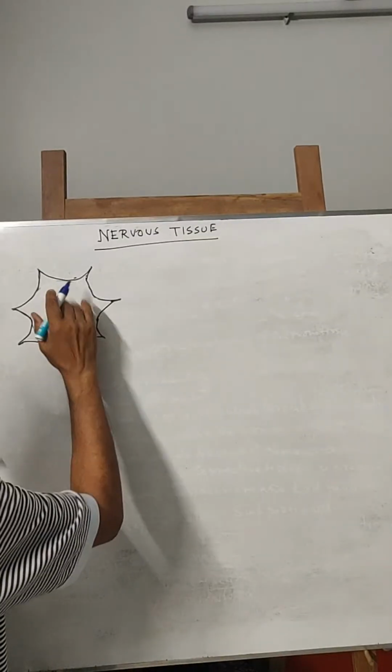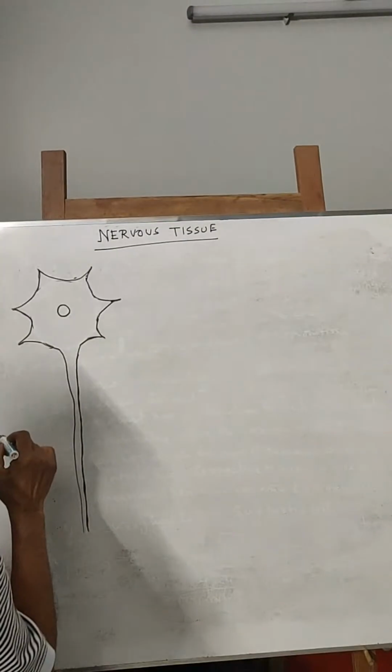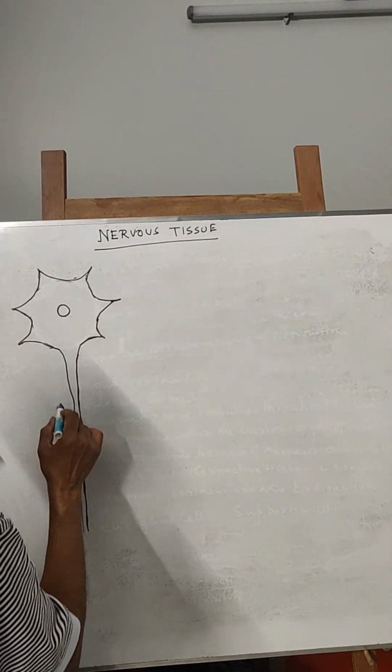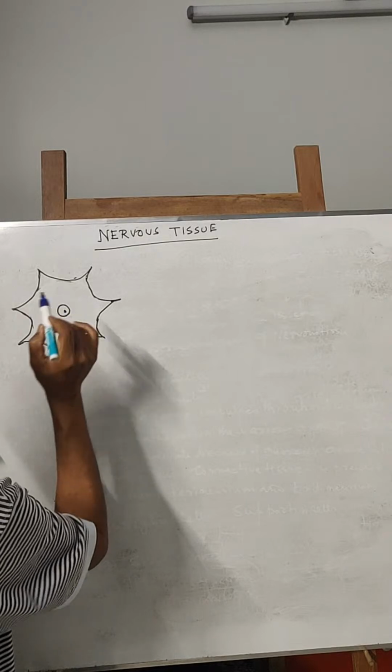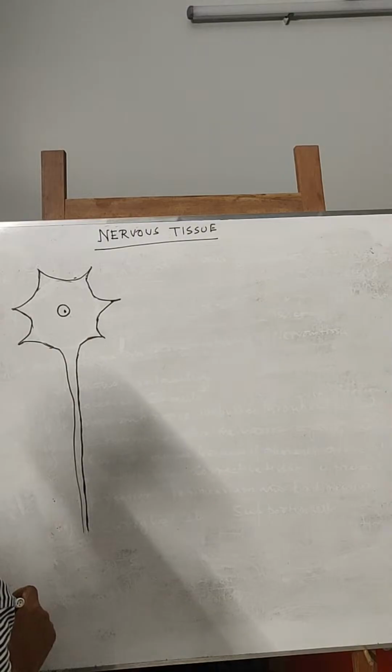Within the cell body, a nucleus is present in which a prominent nucleolus and chromosomes may be found.